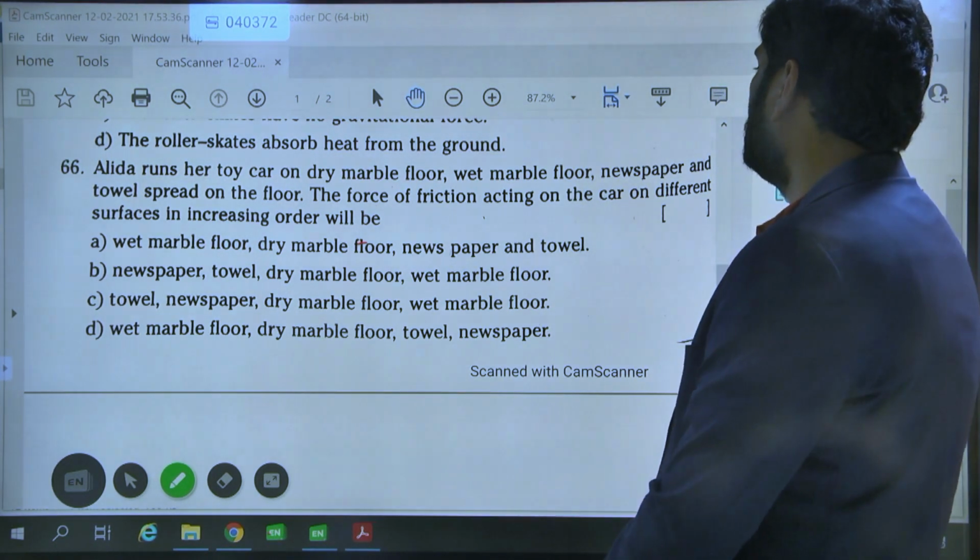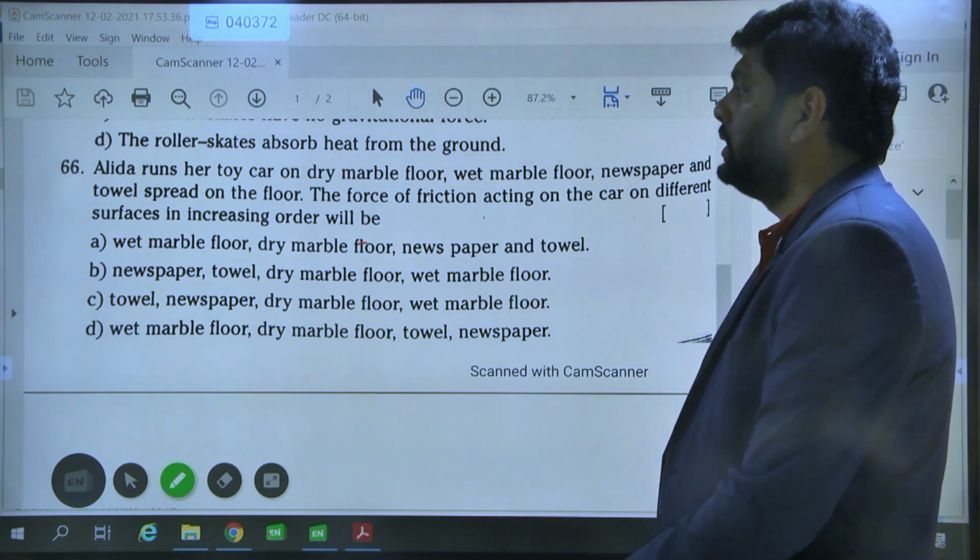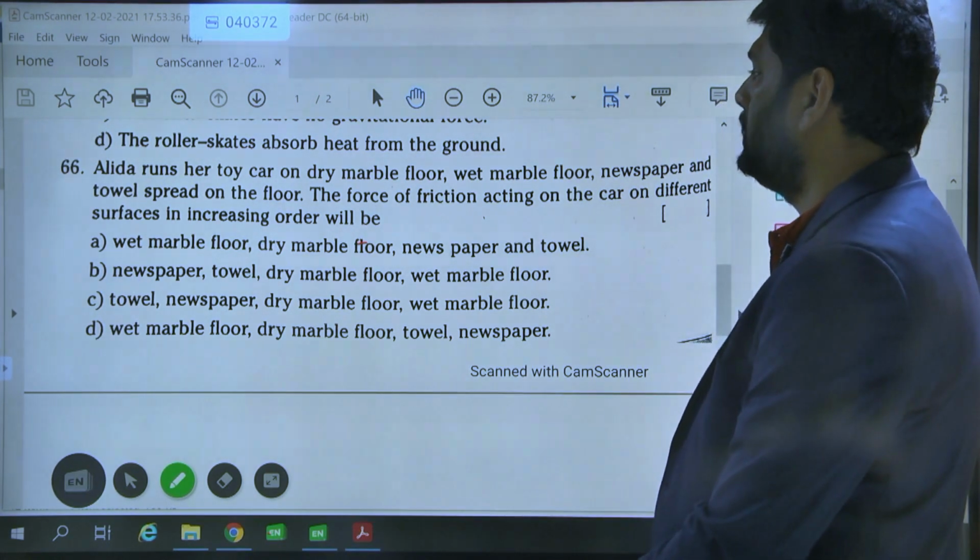The force of friction acting on the car on different surfaces, in increasing order, will be? Which one will provide more friction here? Tell me.